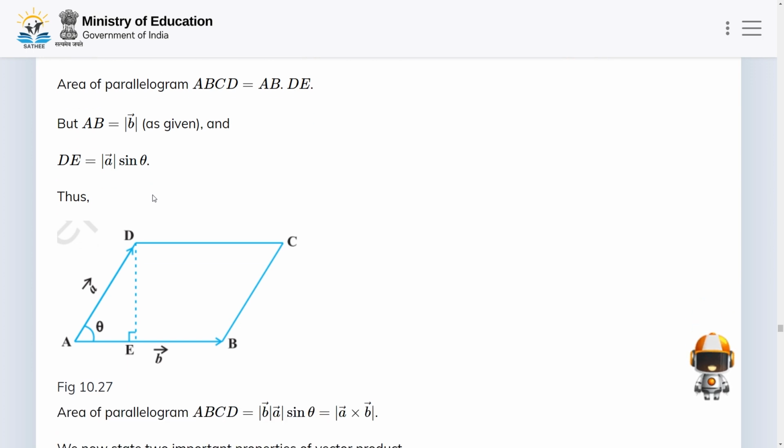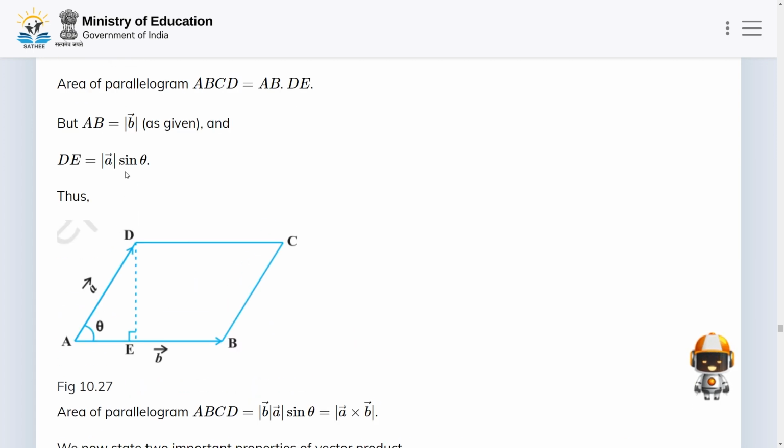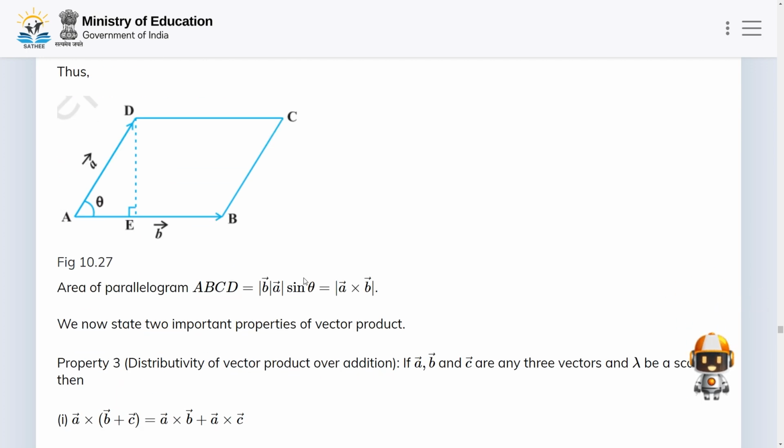How are we getting this? I hope it is quite simple. What we are using is sine theta equals perpendicular by hypotenuse. Now for the area of the parallelogram, just replace: AB is the magnitude of B and DE is the magnitude of A sine theta. This is another way to represent the magnitude of A cross B vector.